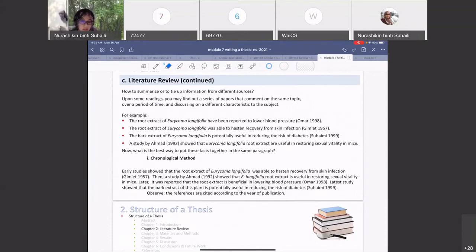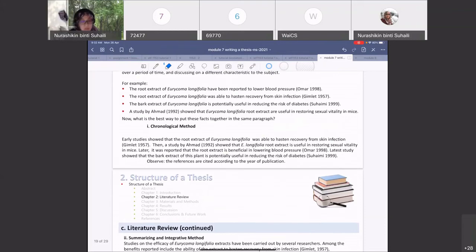The chronological method is where you go from the earliest research to the most recent. But I don't think this is relevant in all cases. Normally in biotech, you don't have to go through this method, unless it depends. Normally we don't go for chronological all the way. But that is one of the ways, from the earliest to the latest.